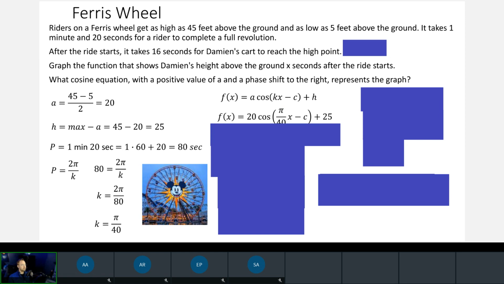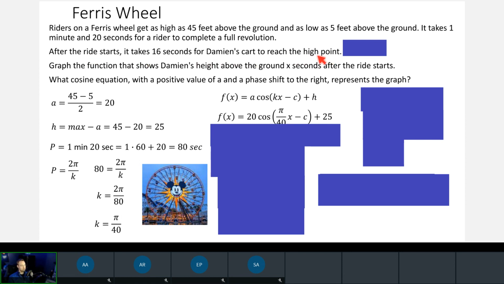Next, we plug in what we know. So this is the parts right here. I'm going to cover this now. It says it takes 16 seconds for the cart to reach the high point.